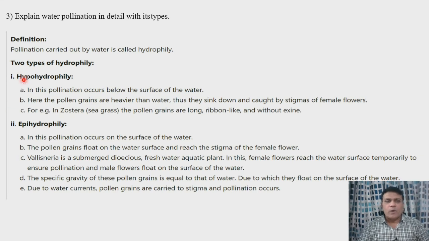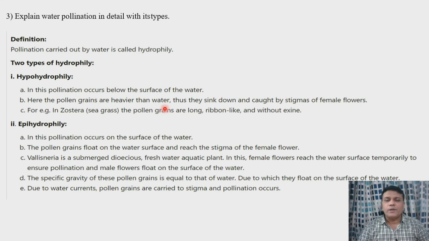Now the first type of hydrophily is hypohydrophily. The name itself indicates: hypo means the pollination occurs below the surface of water. It is the first point. Then the pollen grains are heavier than water.